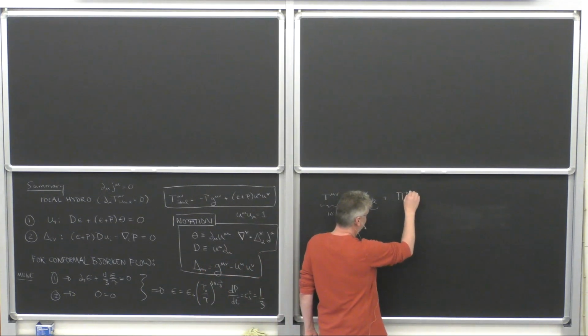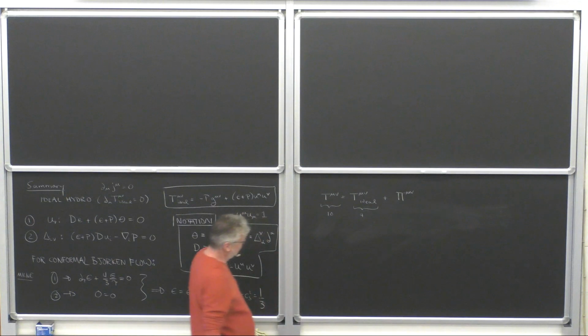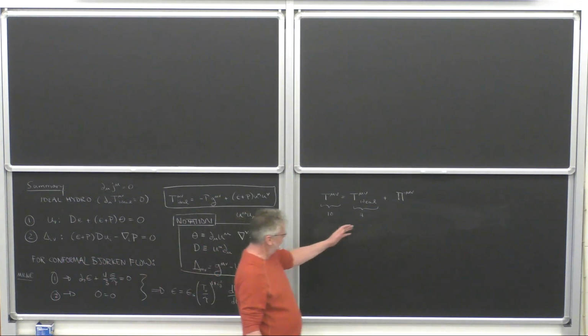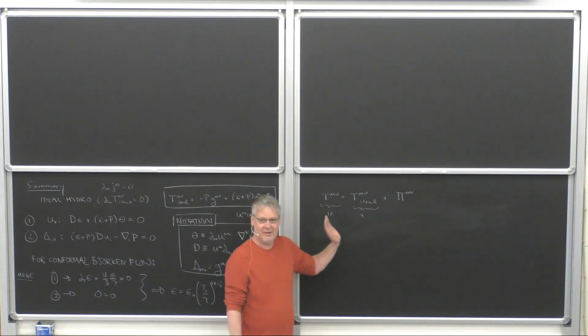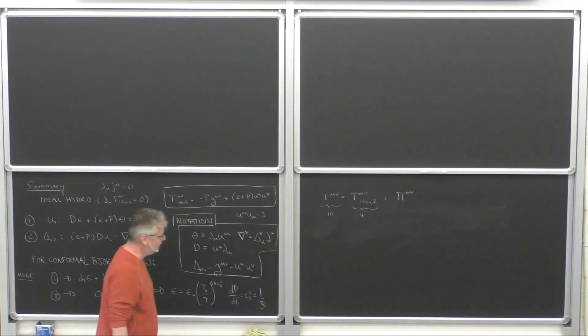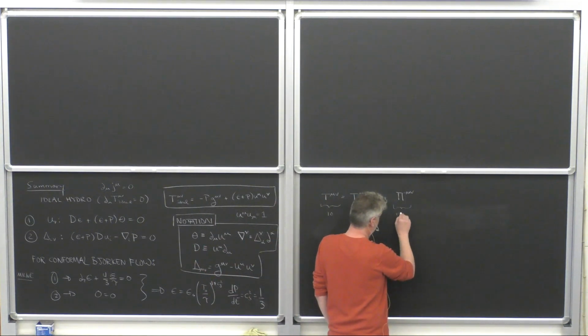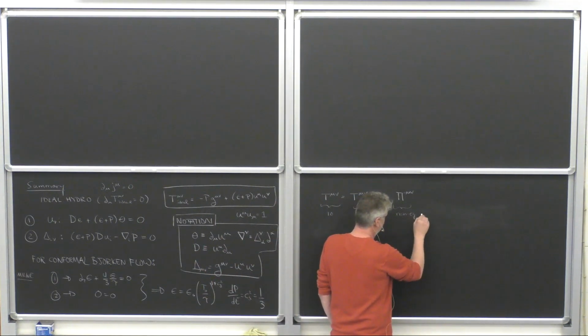And philosophically, since nothing is ideal in life, we've all learned this through living through COVID, we have to add an additional COVID term to the equation, pi mu nu, which represents the non-ideal corrections to this. Now, if pi mu nu is 0, everything's good. This represents the non-equilibrium corrections.